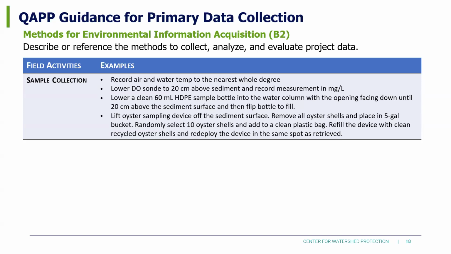And then also how they have these oyster sampling devices that they've secured down to the sediment. And so how they're going to actually take those sampling devices out and take the oysters out and then randomly select the oysters.